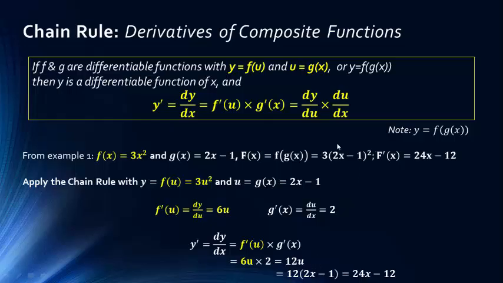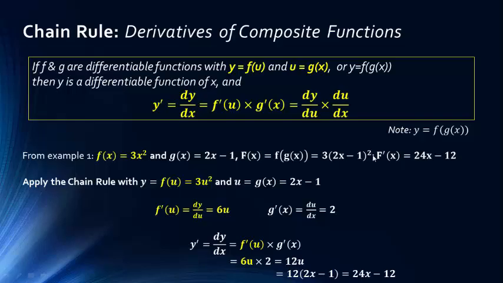Now, if you look at this function, I'm going to jump ahead here. Here is our original f of g of x, right? And so if you use the model I'm talking about, working from the outer to the inner, notice that what you have here is a power function on the outside. You have the constant, which we can use at the end. So notice we have something raised to a power.